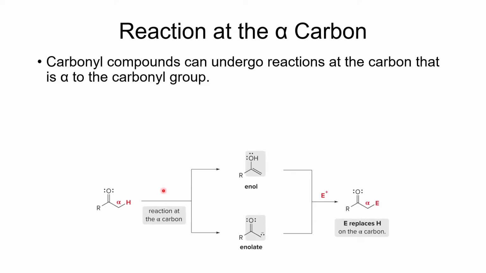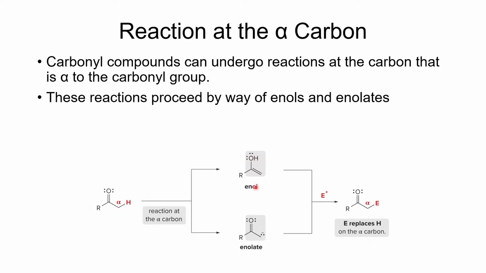There are two possibilities as far as doing reactions at the alpha carbon. We can have an aldehyde or ketone or some sort of carbonyl compound that has an alpha hydrogen. We can have it react as an enol. We talked about enols previously, and we're going to talk about them some more.